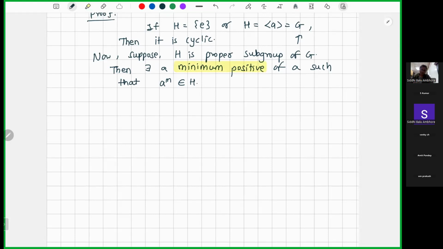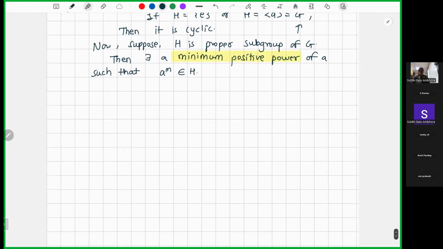So A power M belongs to H, and we claim that H is actually generated by this A power M. We will try to prove this.